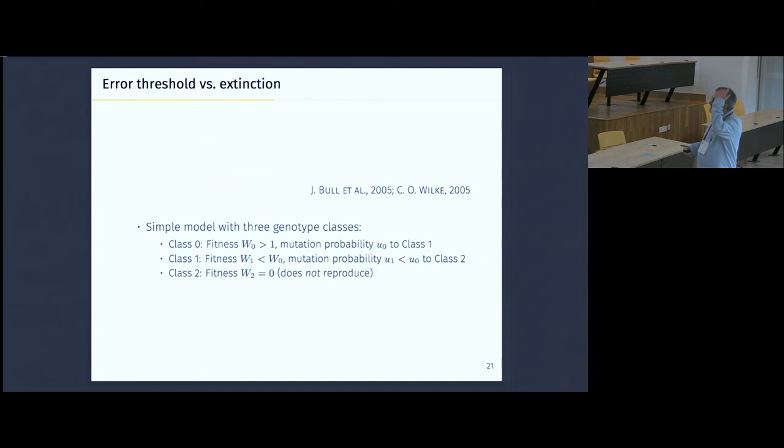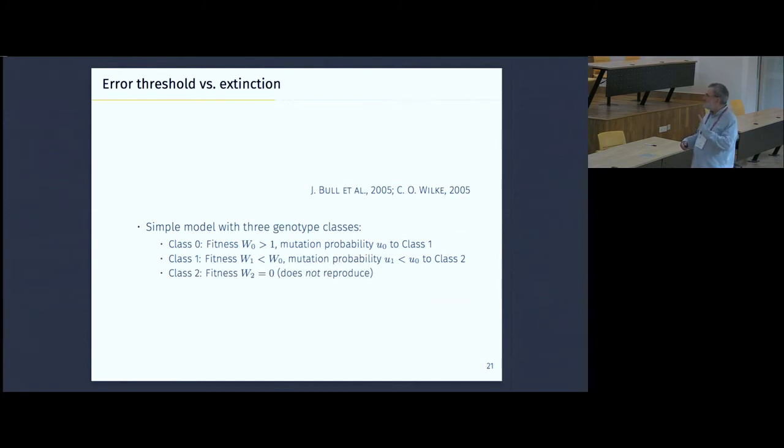People have also proposed to use this concept of the error threshold to cure some viral diseases, that is, introducing some mutagenic agents to push the viruses beyond this threshold so that they will disappear.